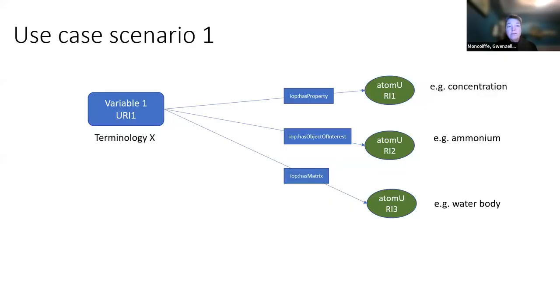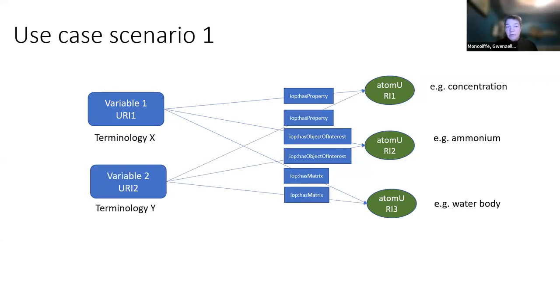So the first one is if you've got a variable in a data set that comes from a given terminology with a URI, and it's been mapped using IADOPT to a series of atomic elements like concentration, ammonium, water body.